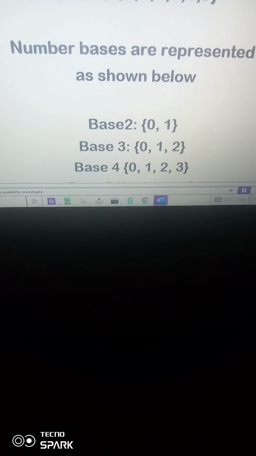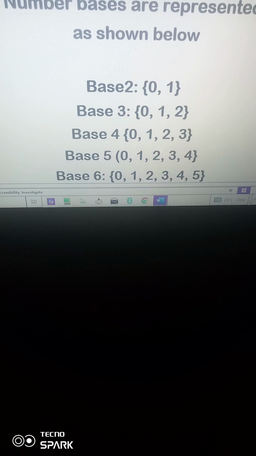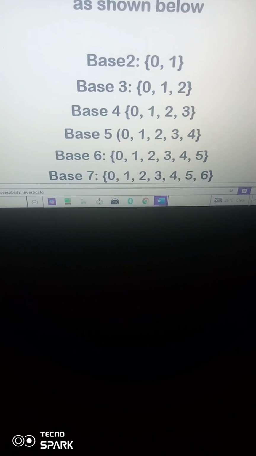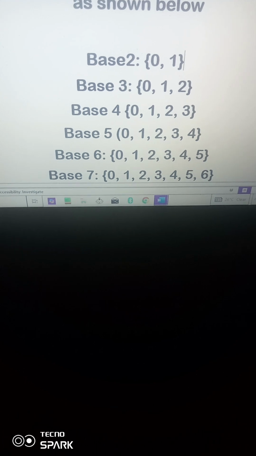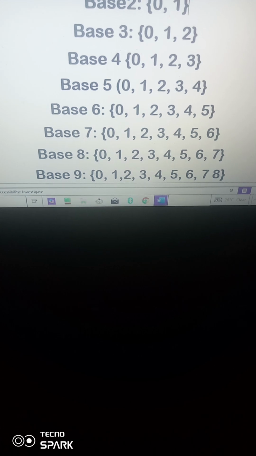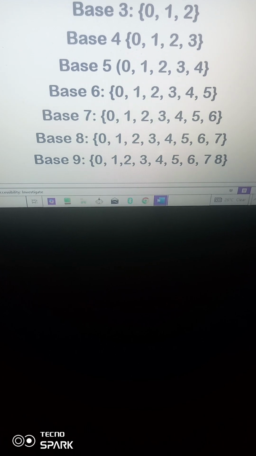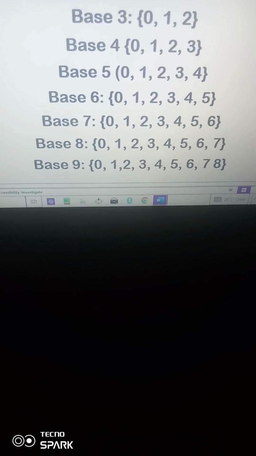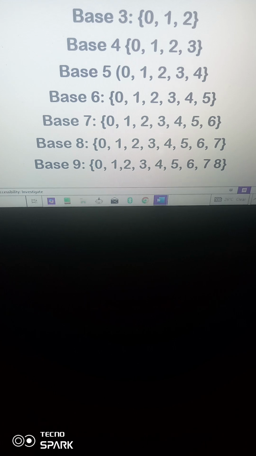Number bases are represented as shown in the pyramidal shape below. Now, this figure shows how number bases are represented. For example, in base 2, the digits are 0 and 1.